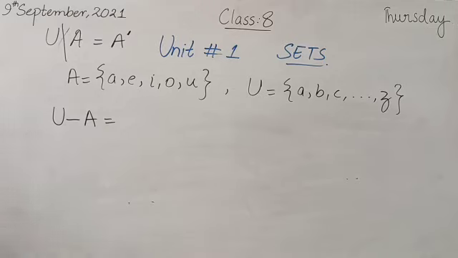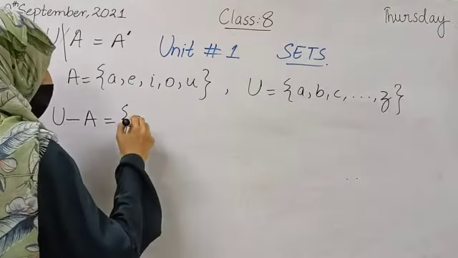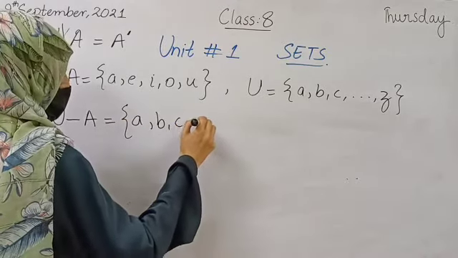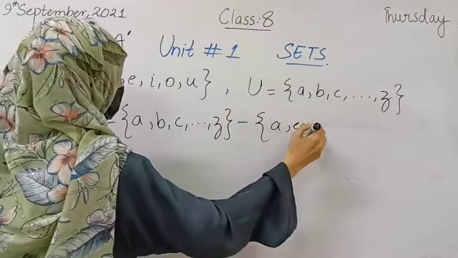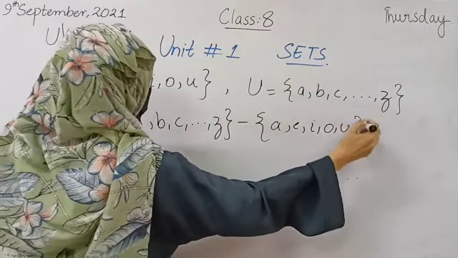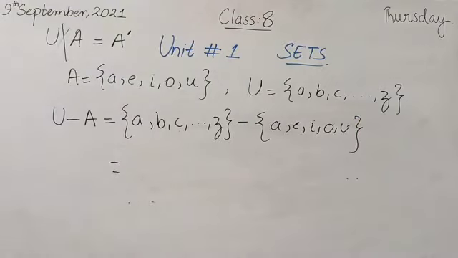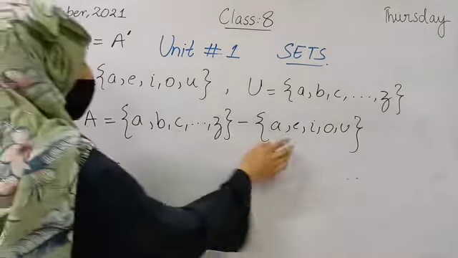First of all, we will write the set U, which is A, B, C up to so on till Z, minus set A, which is this. How to find out the difference of these two sets? Good. Cross out the same elements.